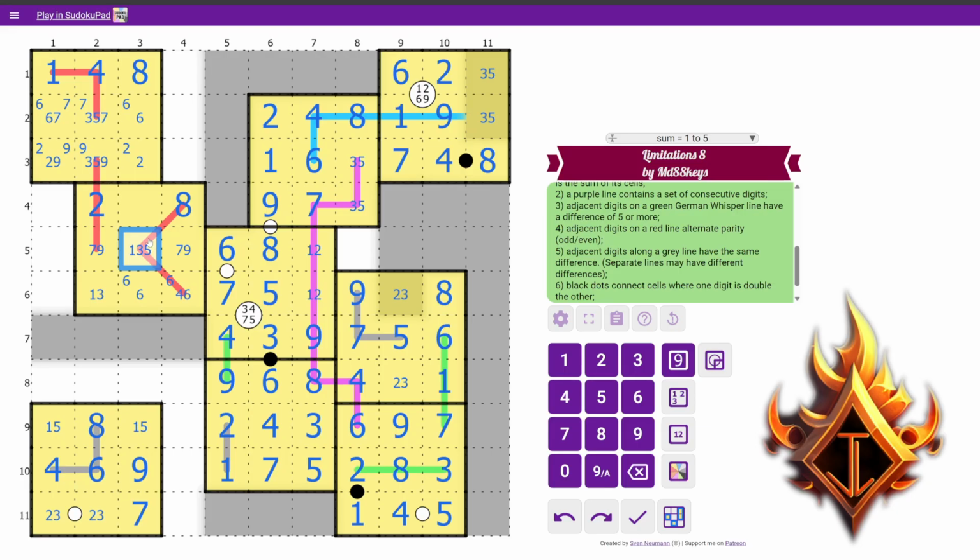3 or 5. Why can that one not be 5? Oh. Why is that one making a pair with 7, 9? Where did I get that? Is that really a pair? How can that be a pair?